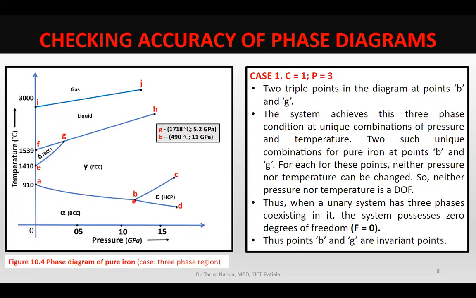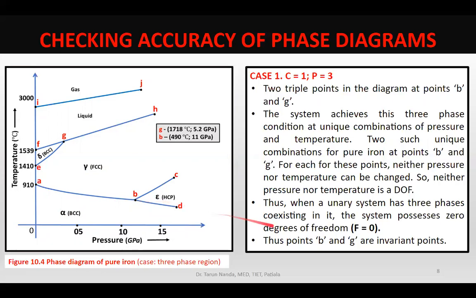So if you talk about this triple point, the three phases are epsilon, gamma, and alpha. And you cannot obtain this combination of these three phases for any other value of pressure or temperature. So there are 0 degrees of freedom. So the diagram says that when you are at any triple point, the degrees of freedom are 0.